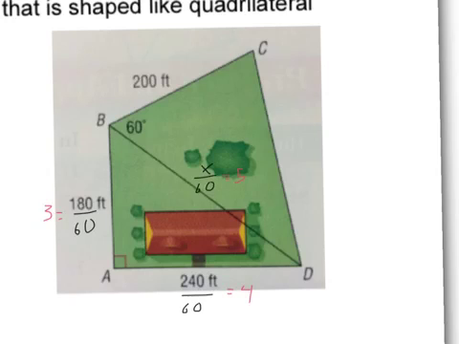So 180 divided by 60 is 3, 240 divided by 60 is 4, so what divided by 60 is 5? Well, you could just multiply 5 times 60, and you get that this side has to be 300. So hopefully you saw that this is 300, a giant Pythagorean triple. So 300 feet right there.